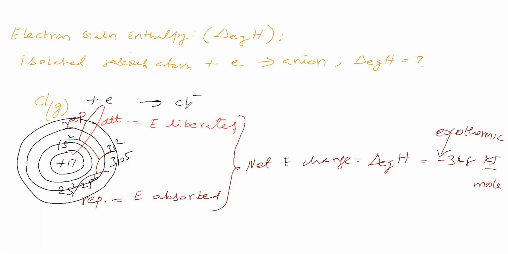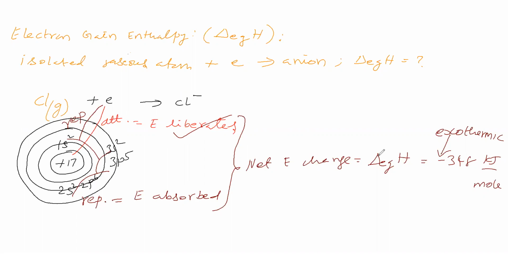So when the chlorine atom takes an electron and becomes Cl minus, this is an exothermic process, which means energy is liberated. Out of attraction and repulsion, attraction is the dominating factor. Therefore, the net energy change is exothermic, liberation of energy. So this is called electron gain enthalpy.